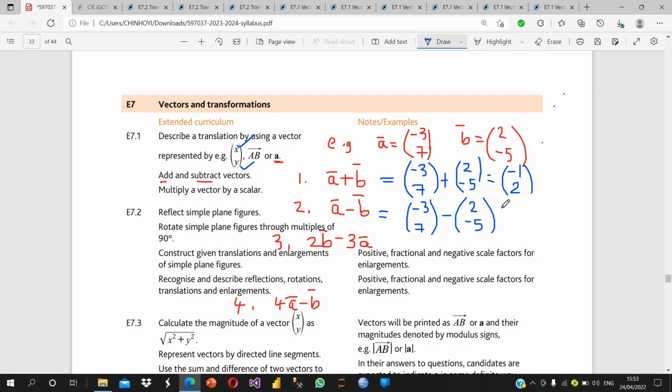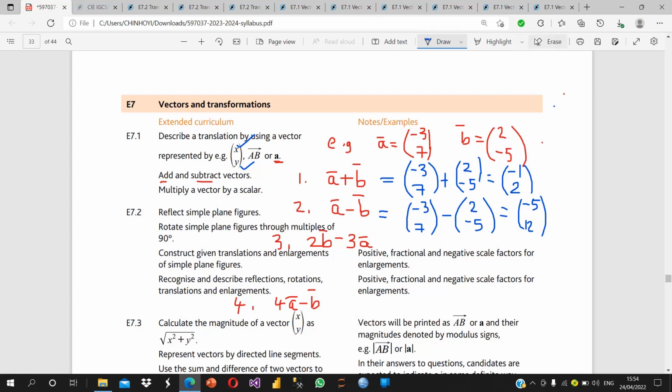So if we subtract, we are going to say minus 3 minus 2. I think you still remember those directed numbers. What is minus 3 minus 2? You get minus 5. Then 7 minus minus 5, minus and minus is plus, so 7 plus 5, you are going to get 12. So this is the answer for A minus B.